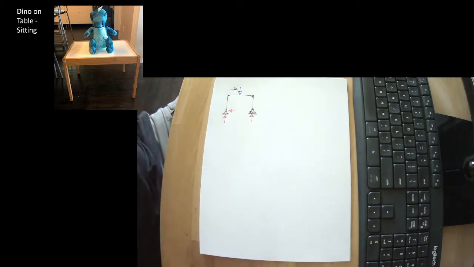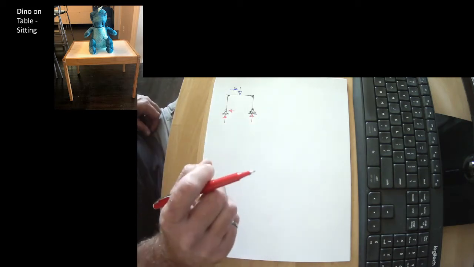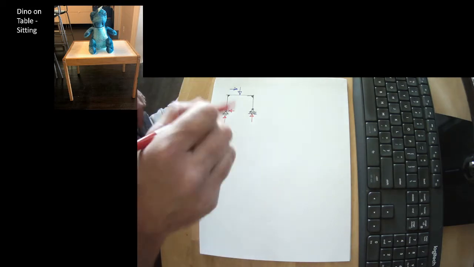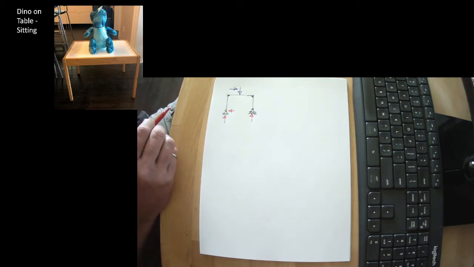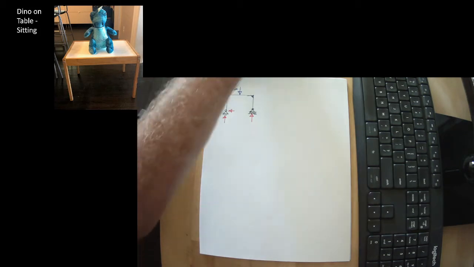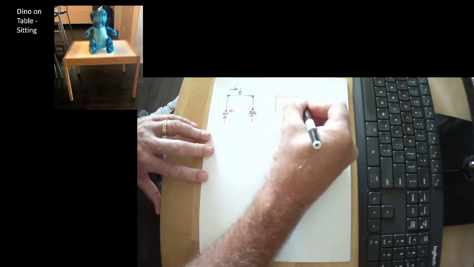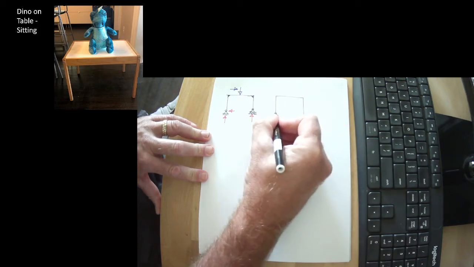We do this not because it reflects reality, but because it makes it statically determinate. Statically determinate means that we can figure out where all the forces go. We don't need to know relative stiffnesses of things to figure out where all forces go. The reality of this, of course, is more like this.